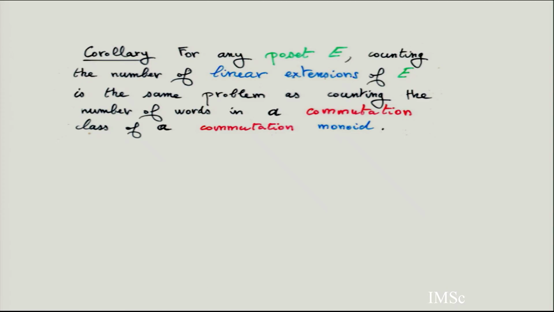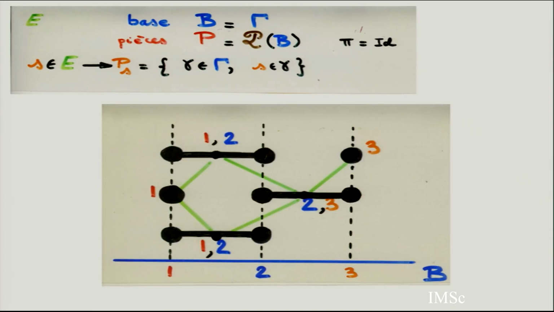You can check that this is exactly the piece I defined, 1, 2, 1, 1, 2, exactly the subset of this element with 3 elements. 1, 2, 3 are the 3 chains. This is the example of the first lecture.